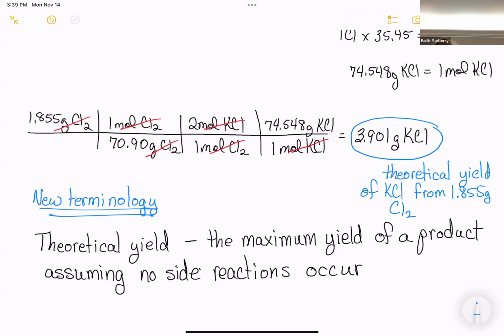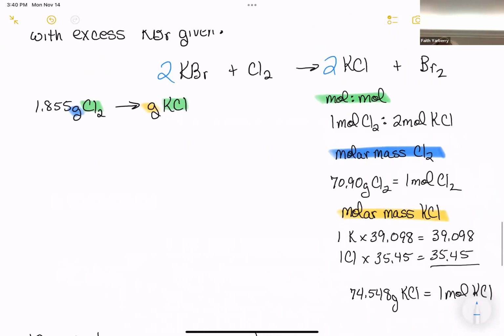But that theory assumes that no oxygen enters the reaction from the atmosphere and reacts with the potassium bromide. It assumes that every single little bitty crystal of potassium bromide reacts with the chlorine gas, and that there's absolutely zero Cl2 molecules or zero KCl particles left. It assumes perfection based off of your balanced chemical equation.